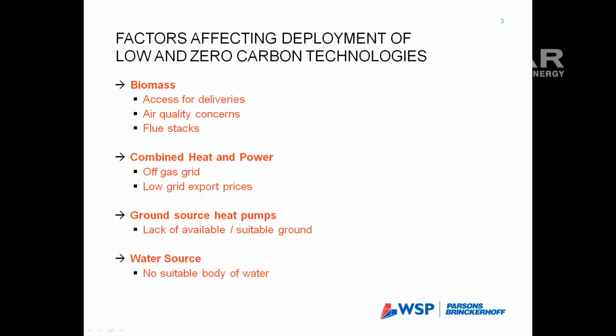We get problems with air quality concerns, especially in urban areas with air quality management areas. And just the size of a flue stack can be a problem getting through planning, especially in an urban area with quite a lot of tall buildings around. You may have to have a flue stack as high as the tallest building there.